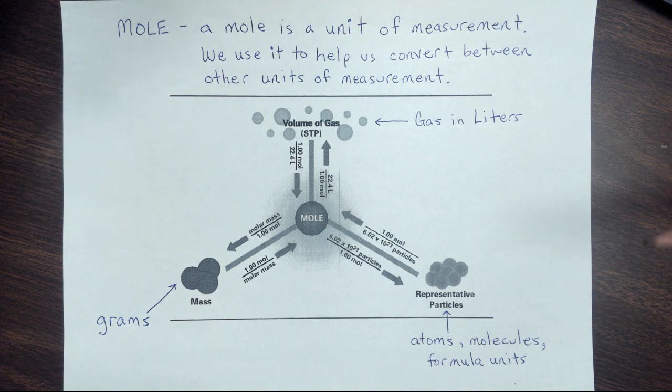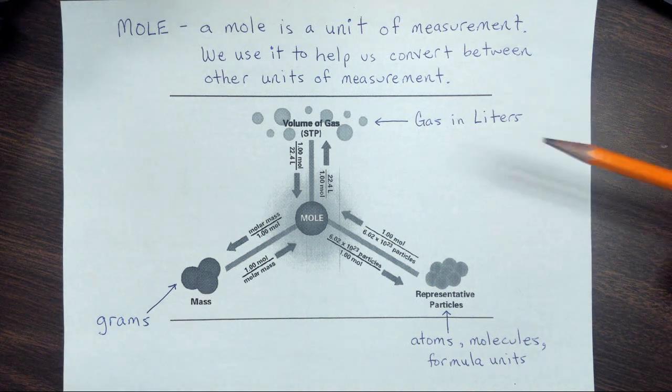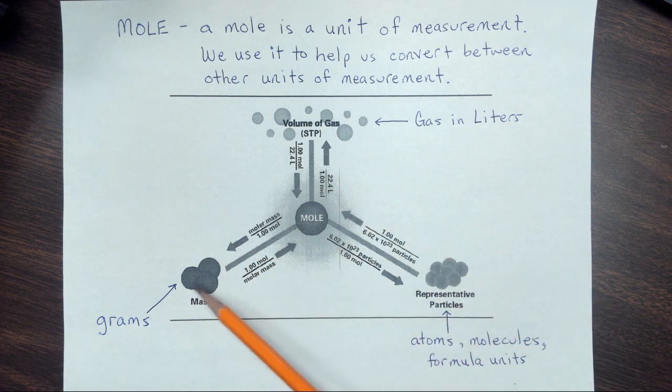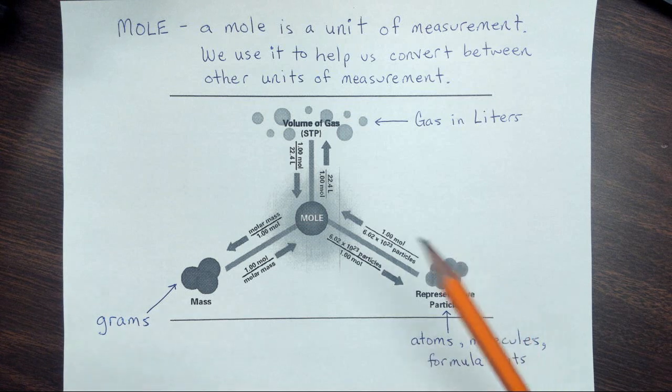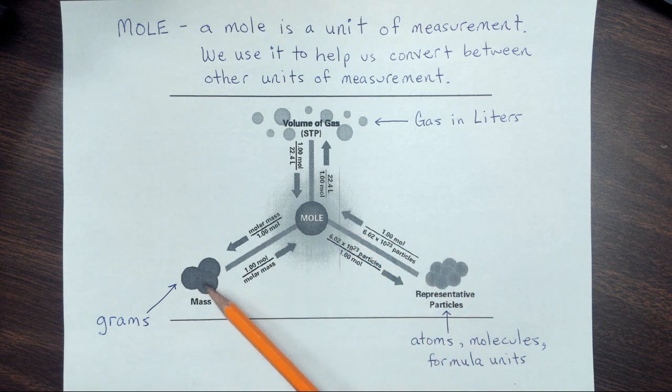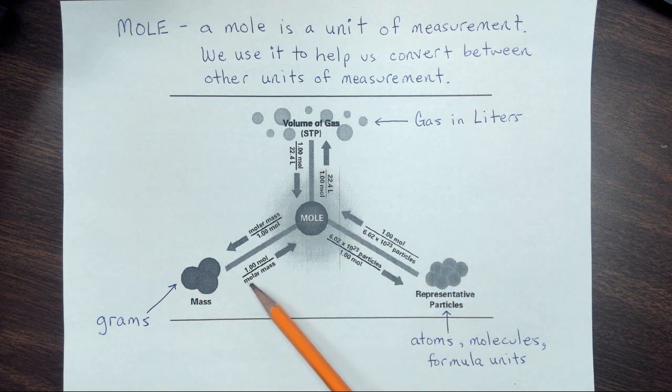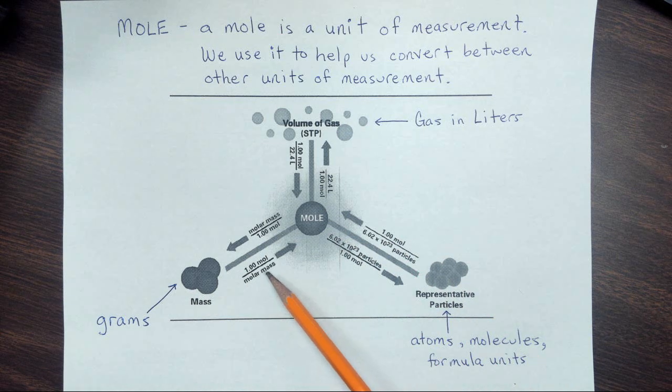If I had a glass of water, I could put that glass of water on a scale and it could tell me the mass of that glass of water. But I wouldn't know how many water molecules were in it unless I said, well, I have the mass of my water, and we're going to talk about this molar mass idea in a different video.